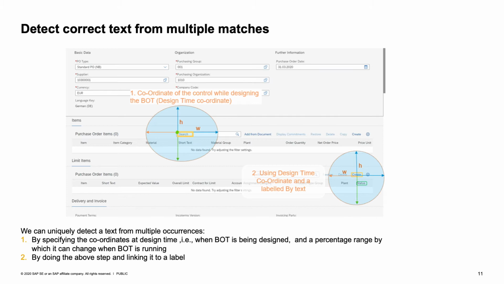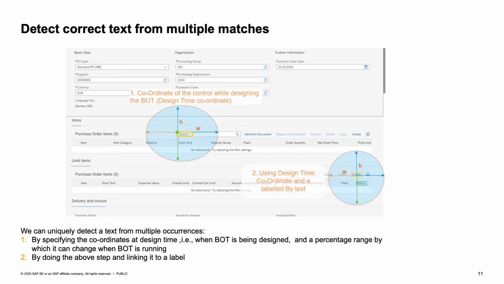And along with it, you specify some coordinates. You give some coordinates on the height and on the width. Actually, these are not even coordinates. This is more a percentage, which basically says that, okay, at design time, you are seeing this at a particular place, but at runtime, it could shift vertically or horizontally by exactly this amount. And it's basically from 0 to 100%, right? So that's one way that you would be able to detect this text even when it moves around a little bit, or if there are duplicates.